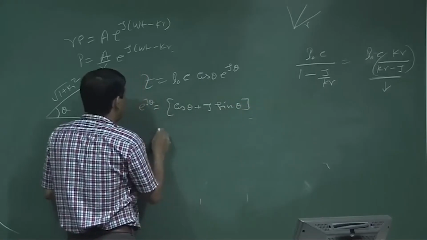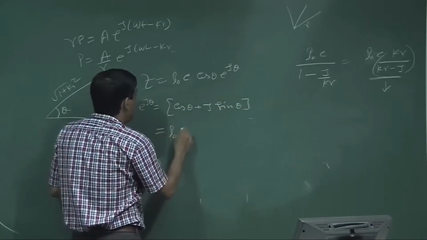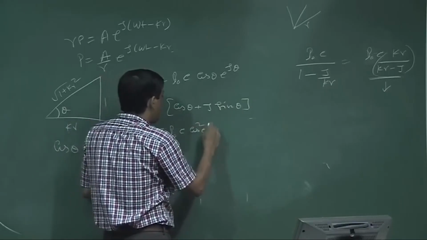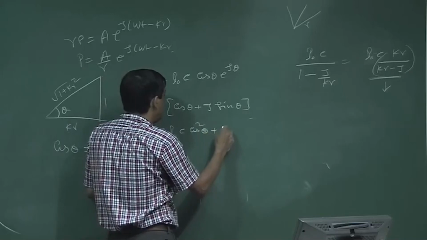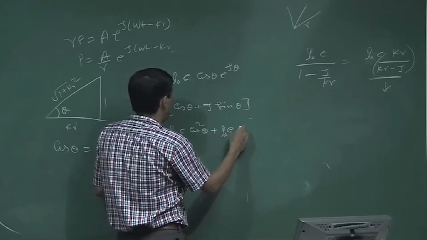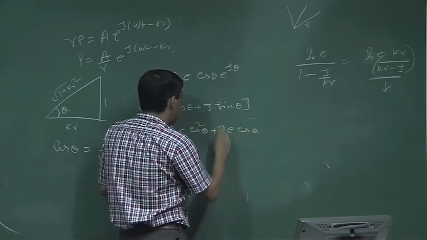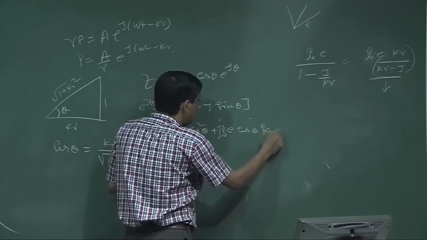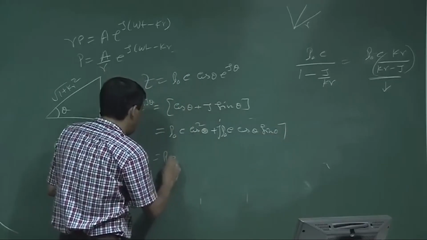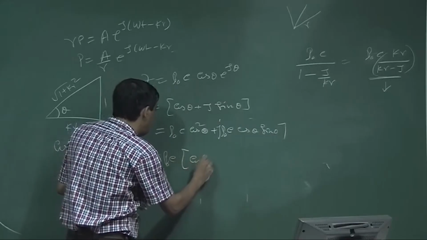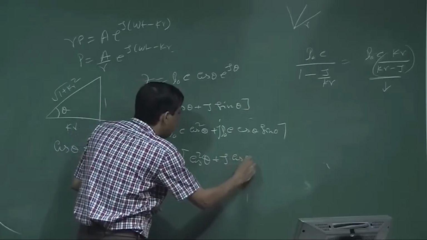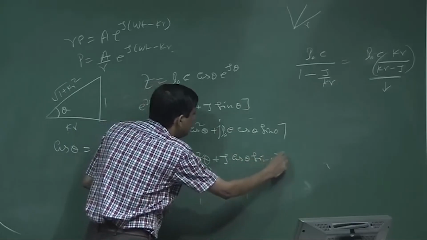So I can write Z as rho 0 c cos theta into cos theta, so cos square theta, plus rho 0 c cos theta into j sin theta, or I can write rho 0 c times cos square theta plus j cos theta sin theta.